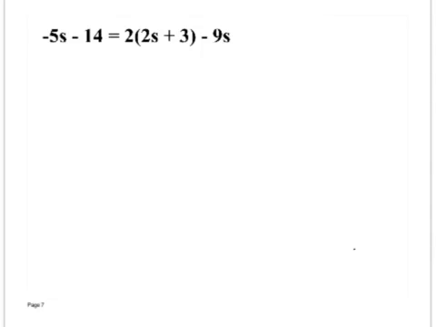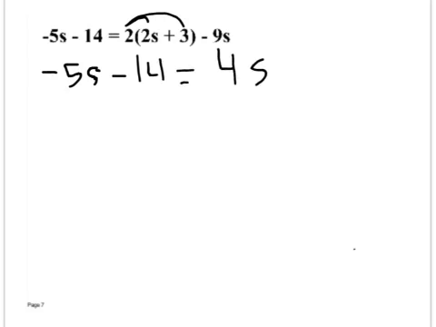Let's work this problem. So we distribute the 2. Leaves me with negative 5s, that's supposed to be a little s, minus 14 equals 4s plus 6 minus 9s. Alright, is everybody at this point with me?